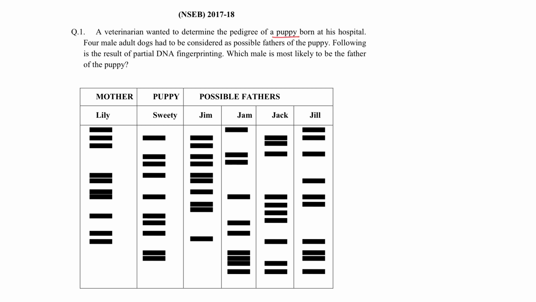Pedigree meaning the genetics, where did it inherit what from, right? Four male adult dogs had to be considered as possible fathers. So he wants to determine who is the father, right? And how does he want to do that?